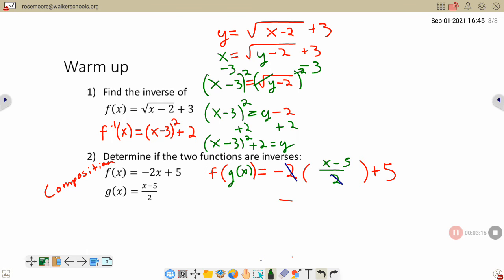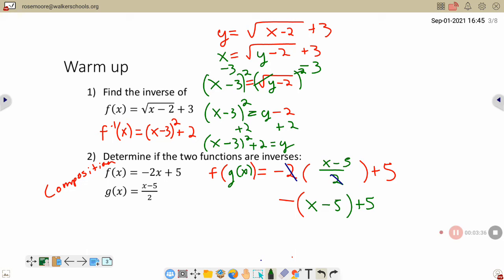So that leaves me my negative parentheses x minus 5, plus 5. Ooh, this is tricky.